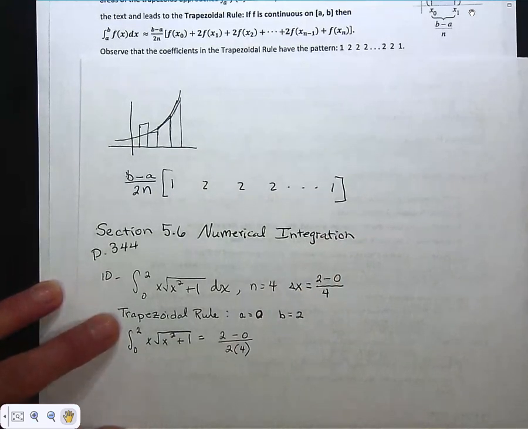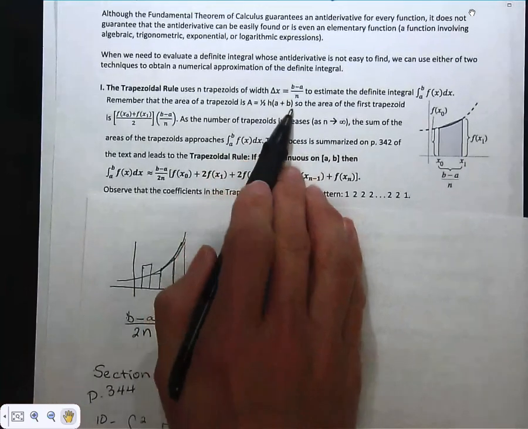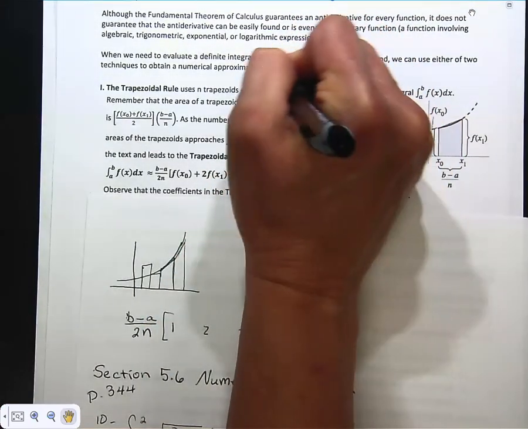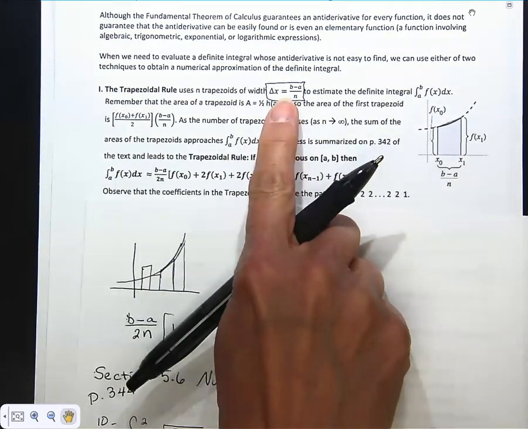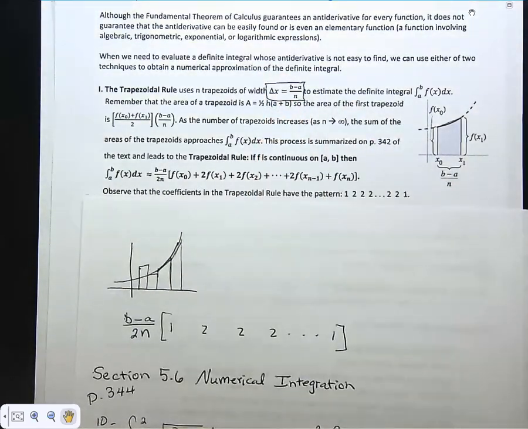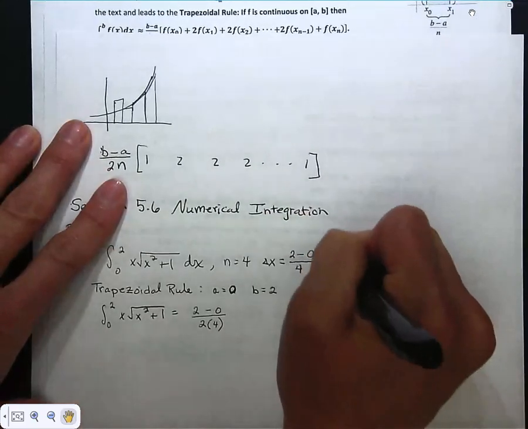I had that right here and I pointed at it in the book, but I didn't make a big deal of it. That's how you find what you count by. So we're going to count by a half.